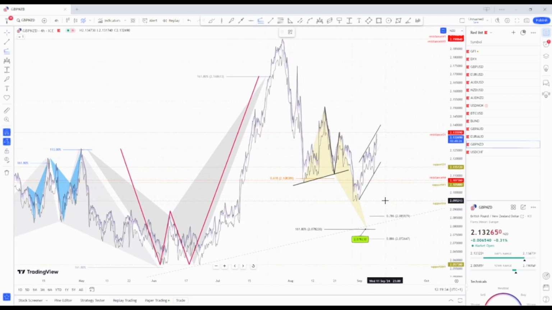and this one I also want to share a very specific pattern that may also start to unfold. 127% Fibonacci extension and the golden Fibonacci level.